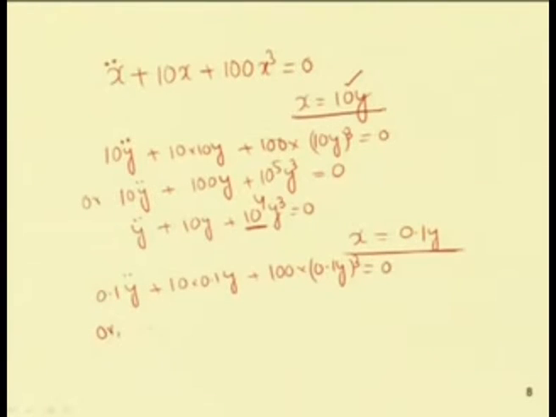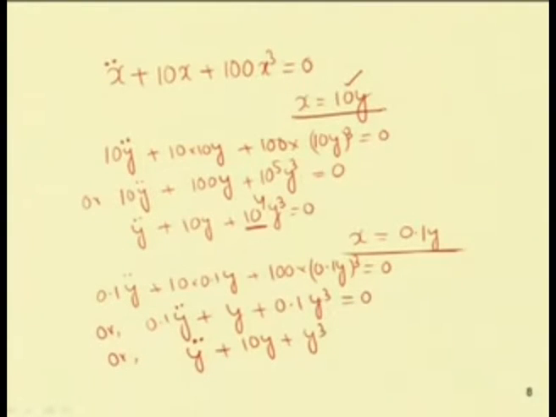The 1000 and 1 by 1000 cancel out, so this term becomes 0.1 y cube. If I divide by 0.1 everywhere, the equation reduces to y double dot plus 10 y plus y cube equal to 0.